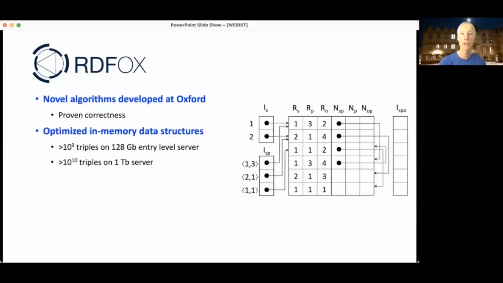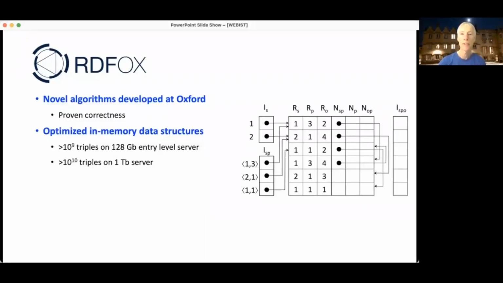To do this efficiently, we need the triples to be accessible in various orders, for example, in subject order or object order, and we also need indices that allow us to rapidly find appropriate entry points into the various orderings. Moreover, we need to update the relevant data structures as new triples are added.